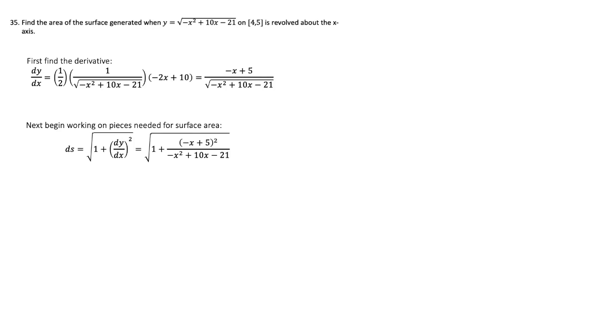Now let's work on the pieces needed for the surface area, in particular ds. That's the square root of 1 plus the square of the derivative. This gives us the square root of 1 plus negative x plus 5 squared divided by negative x squared plus 10x minus 21. Don't bother doing anything with the denominator, but what we do want to do is get a common denominator.